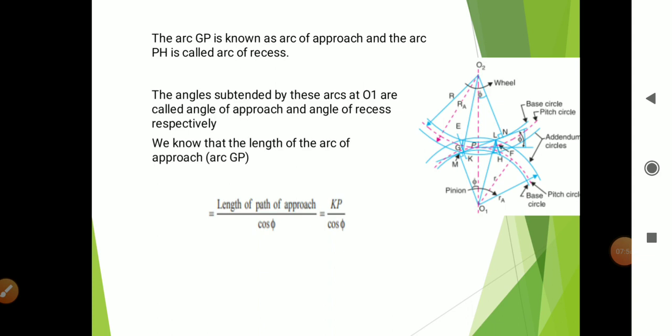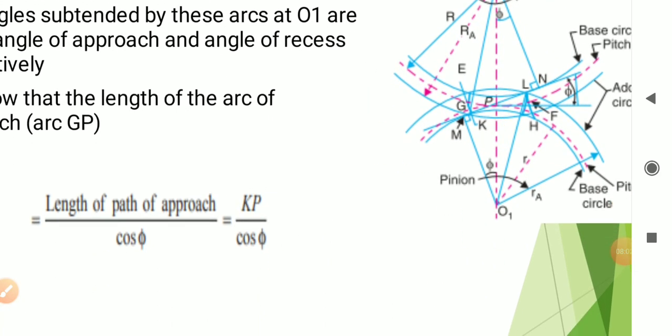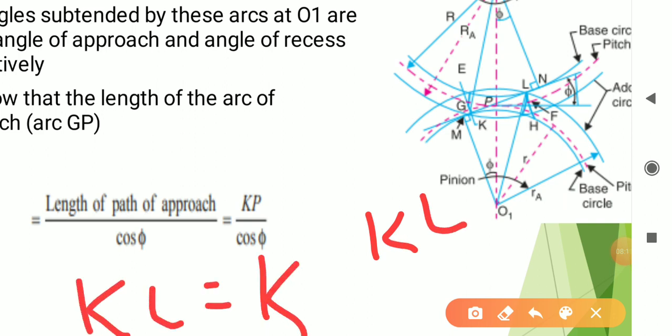In this figure, the length of path of approach is this KP. The total length of path of contact is KL. In that KL we saw KP plus PL. KP is the length of path of approach, and PL is the length of path of recess.